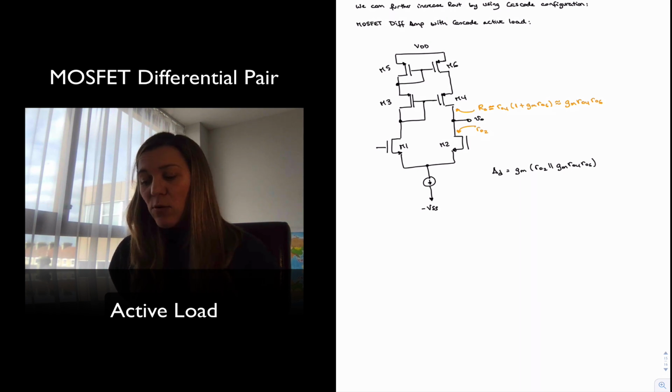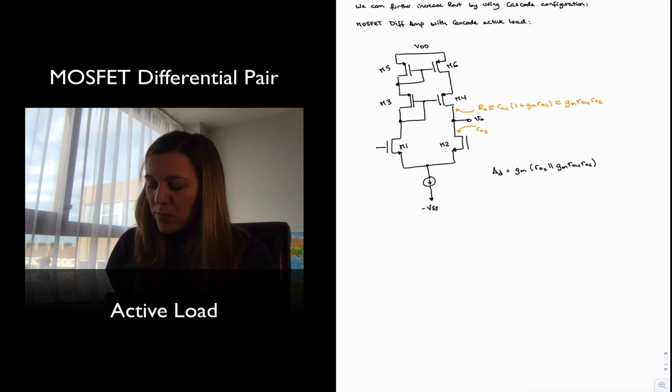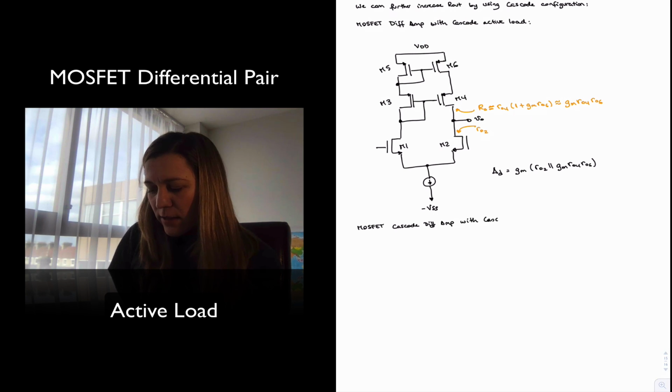I can take things even one step further and implement a MOSFET cascode diff amp with a cascode active load.